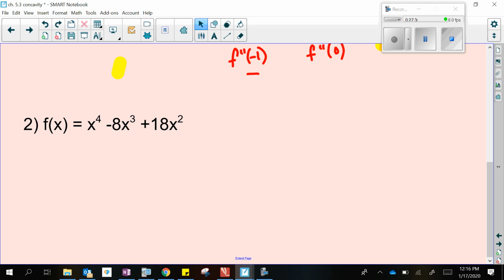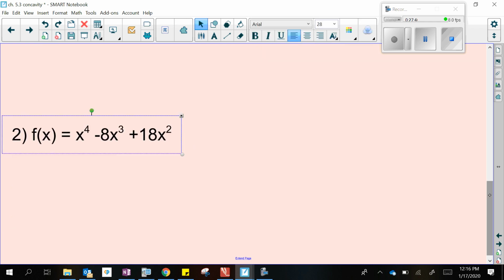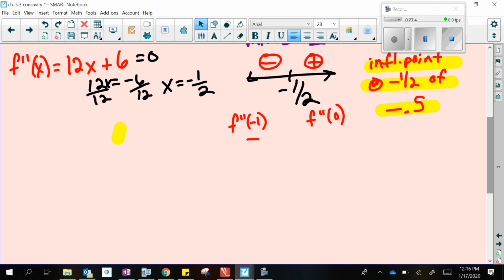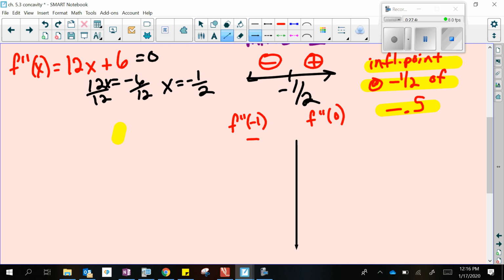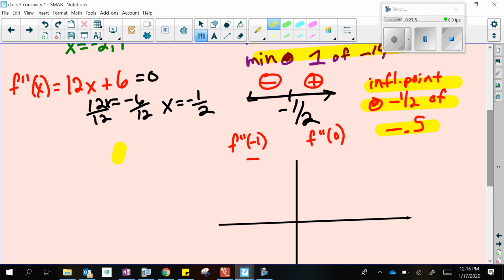Now we're going to just draw a big graph and sketch the function. Okay, so we come up here. I know I need a point at (-1/2, -1/2), right?